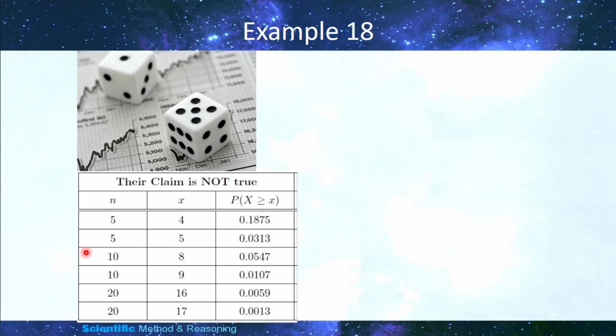But if we increase the number of trading days to 10 and 8 out of 10, then the probability of making 8 or more correct predictions drops to about 5%. 9 or more correct predictions out of 10 drops to 1%. And 16 or more correct predictions out of 20, the probability drops to 0.0059.